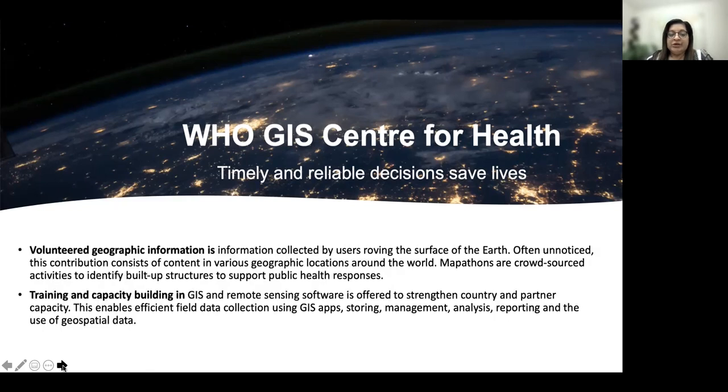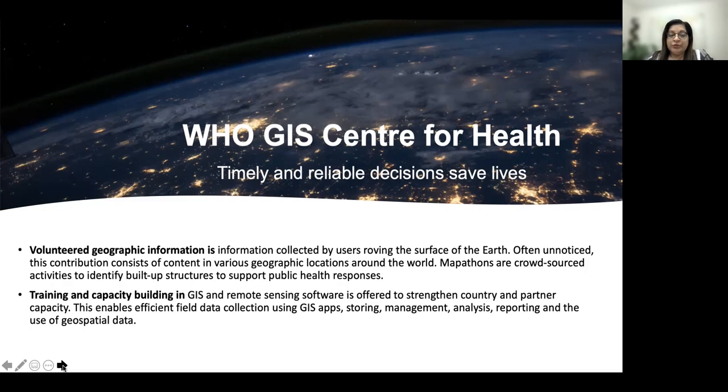There is also volunteered geoinformation that is collected by users roaming the surface of the Earth. Often unnoticed, this contribution consists of content in various geographic locations around the world, and mapathons, which are crowdsourced activities to identify built-up structures to support public health responses, are also offered.